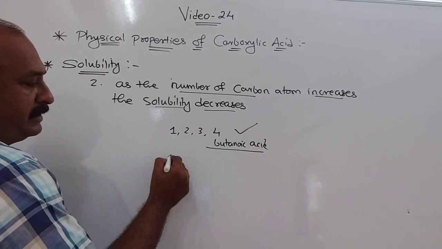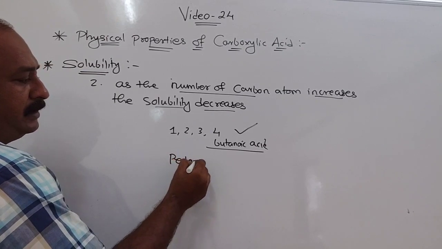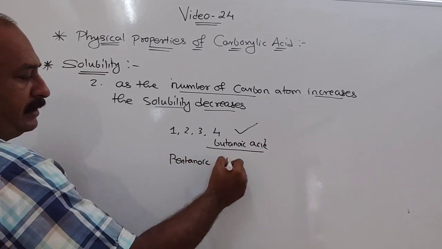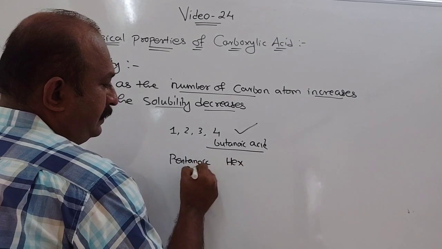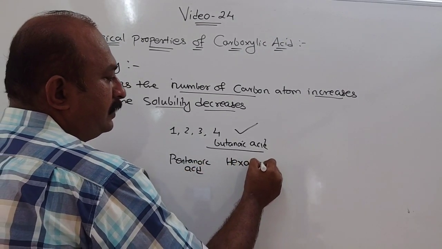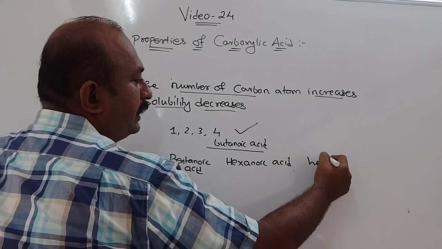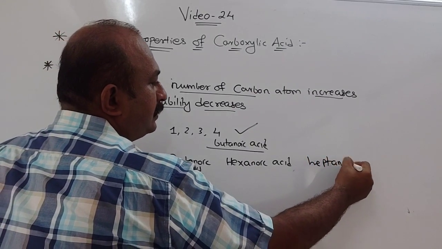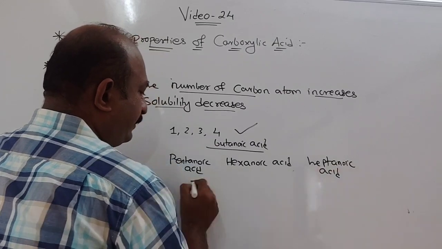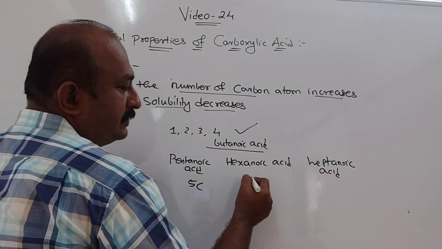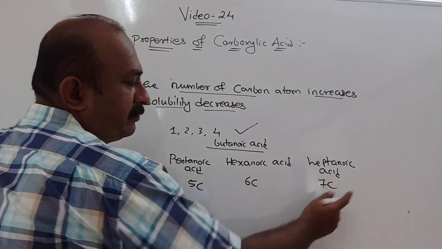But from pentanoic acid, then hexanoic acid, then heptanoic acid, there are 5 carbons, 6 carbons, 7 carbons, right?